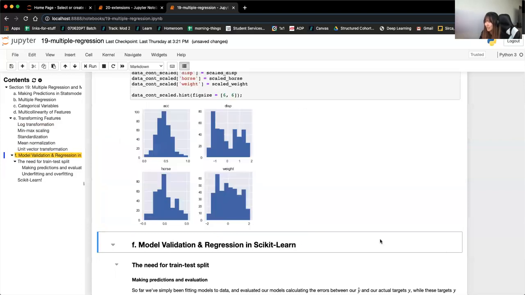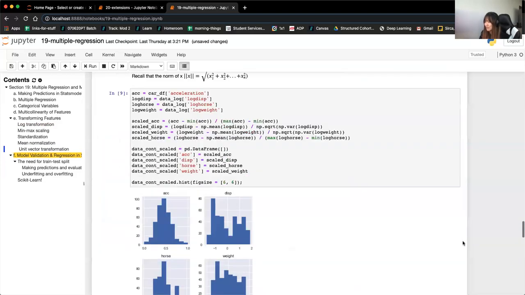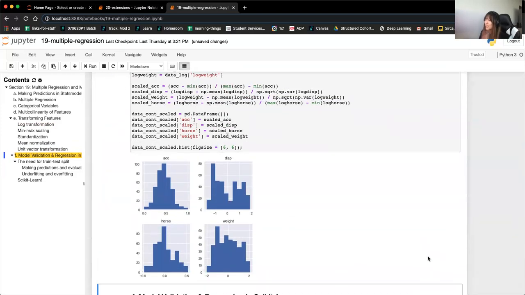And actually, let's take a look at what these all look like. I think this is a similar graph, but you can see the effect of the scaling here. The min-max scaling for acceleration and horsepower, so here and here, they are between, let's see. So this one is min-max scaling between 0 and 1.